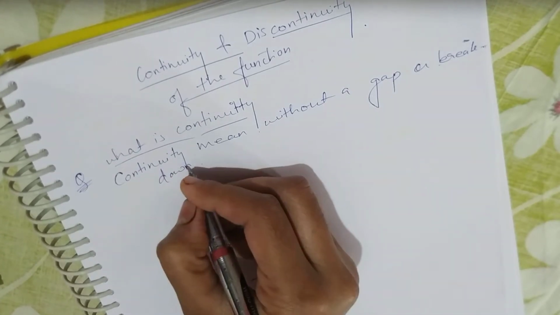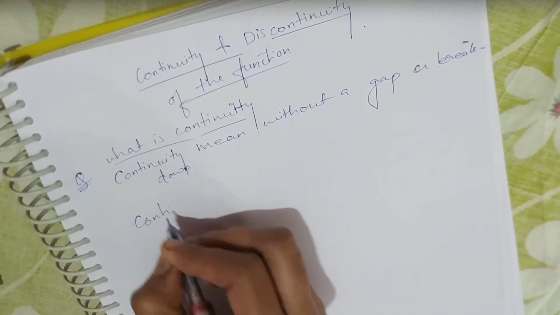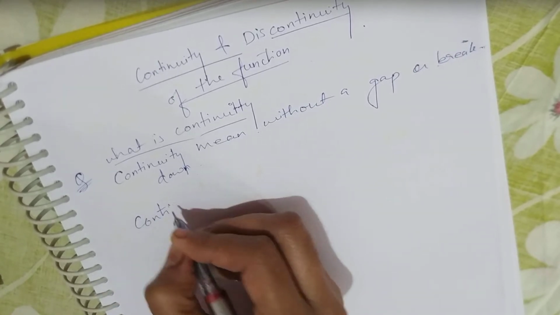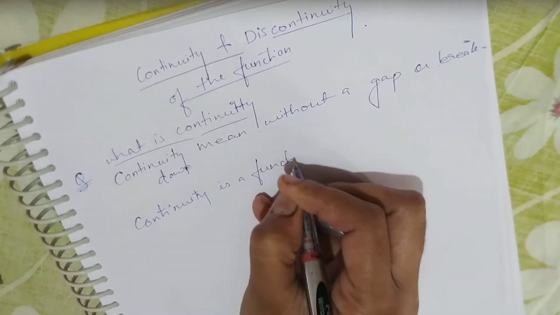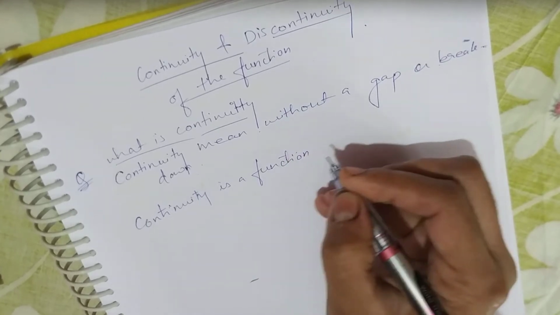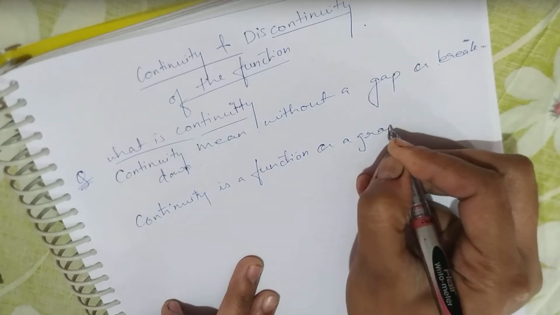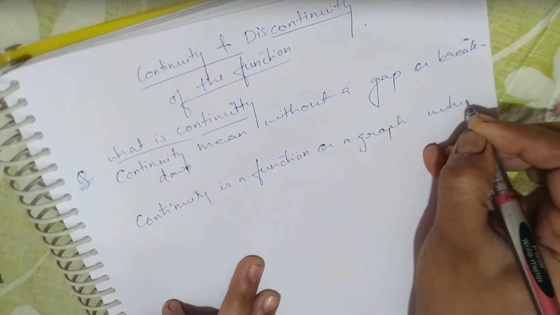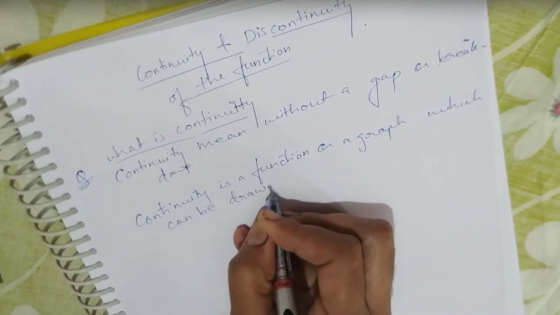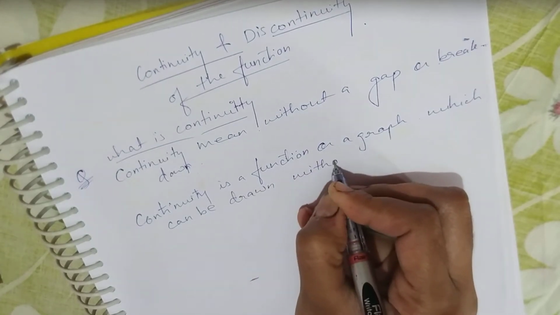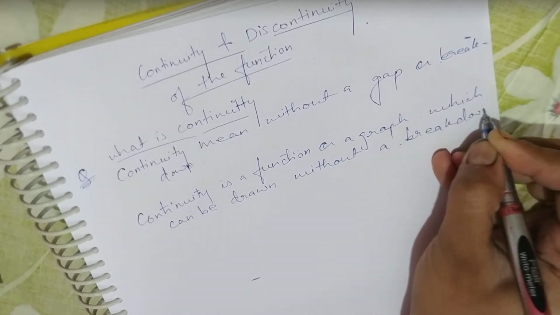But in terms of function, it is defined like this. Continuity of a function is a function or a graph which can be drawn without a breakdown or a jump.